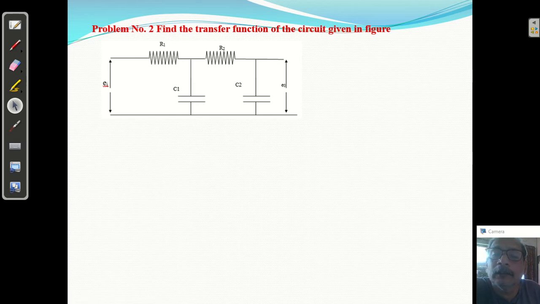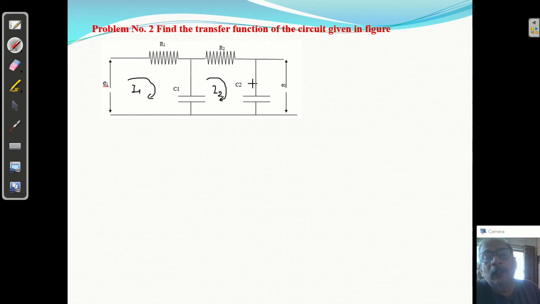This is R1. Here we have R1, R2, C1, C2. We have two loops, so you can take loop 1, current I1, and loop 2, current I2.